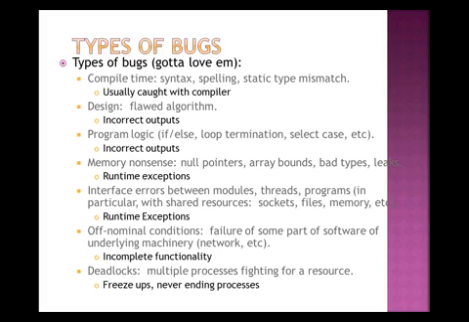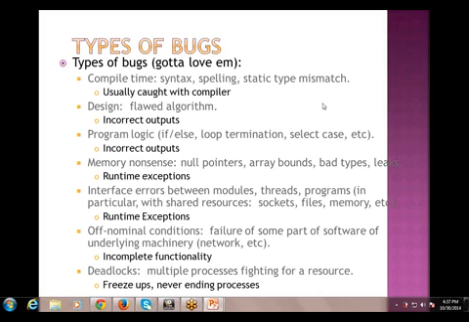Why? For an integer value, I am supposed to use %d, but I am using %f for the integer. So that gives an error. Why? There is a mismatch of the data type and of the type specifier. That is a static type mismatch, usually caught by the compiler. Caught means usually found by the compiler.